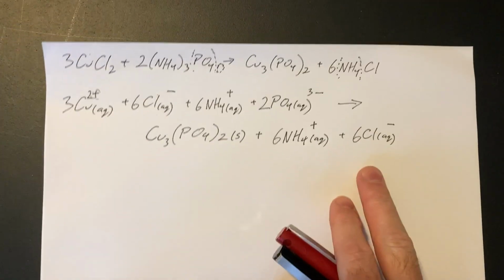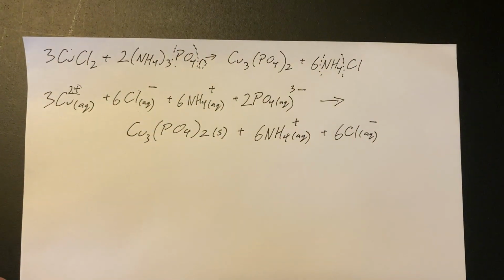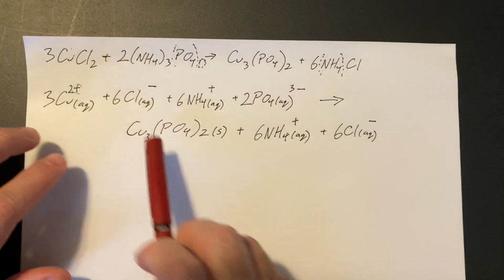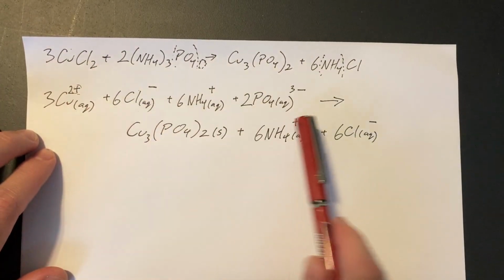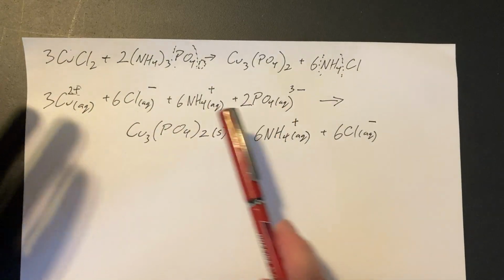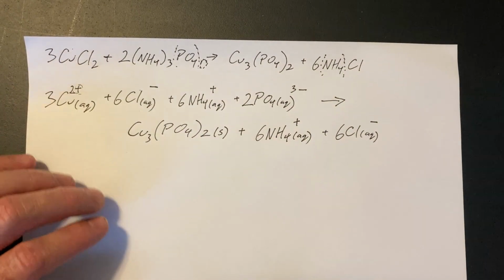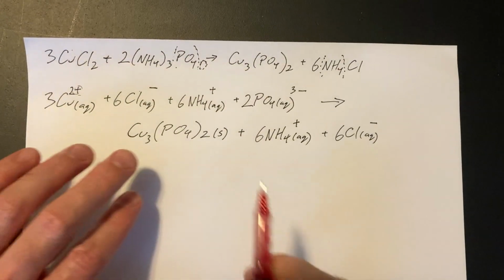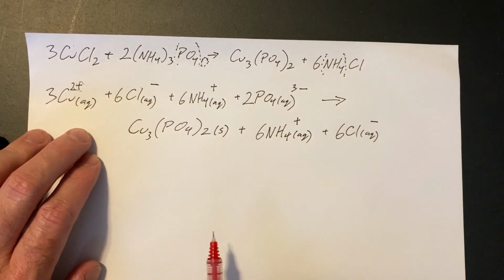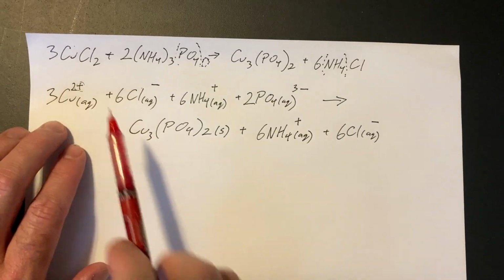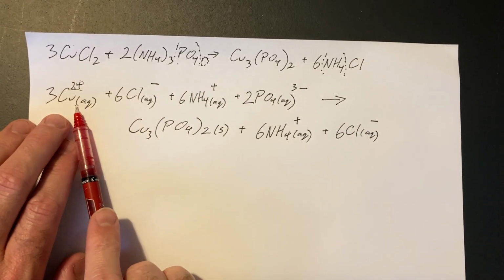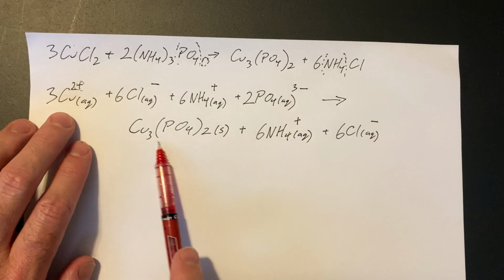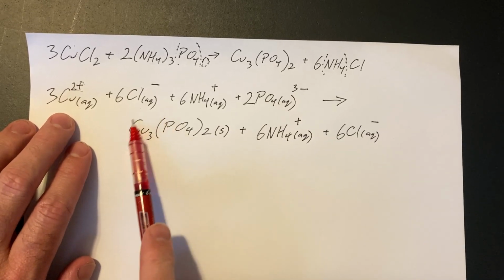Okay. A net ionic equation is only showing the individual things in this reaction that actually change. What does that mean? Well, let's look at the reactants and the products in our overall ionic equation. We got 3 coppers over here in the reactants, but here's our 3 coppers in the products.